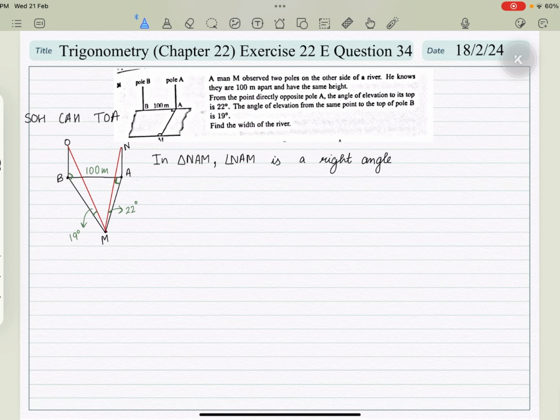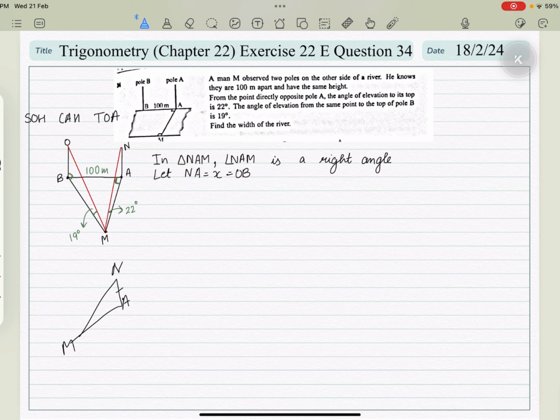So if I pull down the NAM triangle, first thing we can do is state that this is x and this is x, so that life becomes easier. Let NA be equal to x. That means OB is also equal to x.